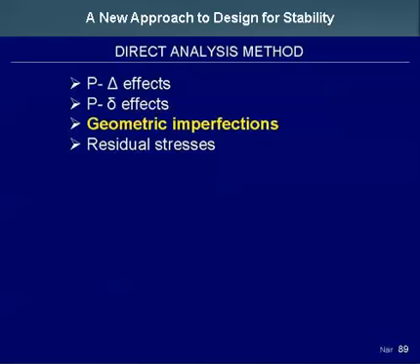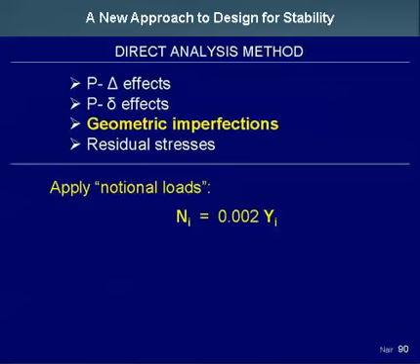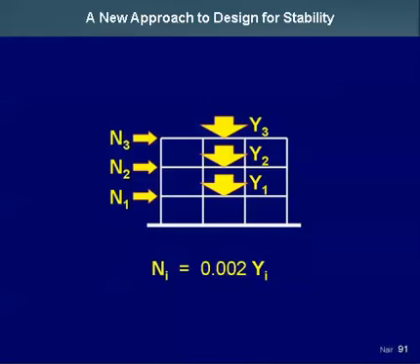delta effects. Now, with geometric imperfections, this is something we had never considered in the past. For geometric imperfections, you apply a so-called notional load. And let me tell you what the notional load means. Where the vertical load applied to the story of a structure is Y sub i, a notional load is a lateral load applied at that story as a fraction of that vertical load.